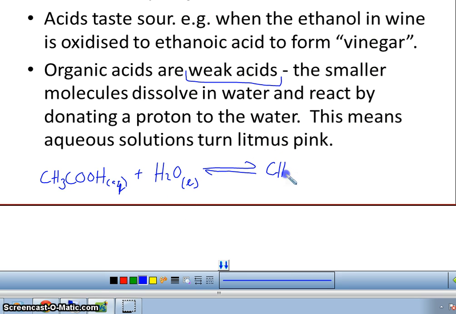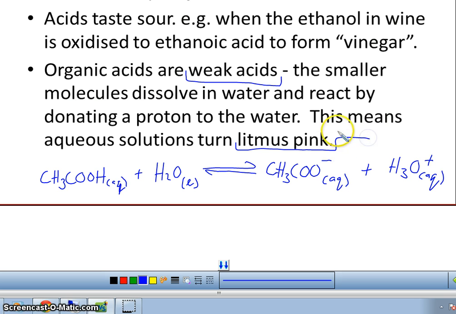I'll have CH3COO minus aqueous and H3O plus aqueous. This is considered to be an equilibrium that lies mainly to the left. Most of my stuff is here, a little bit of my stuff is here, but enough is this way, with enough H3O plus being created, that it is an acid.